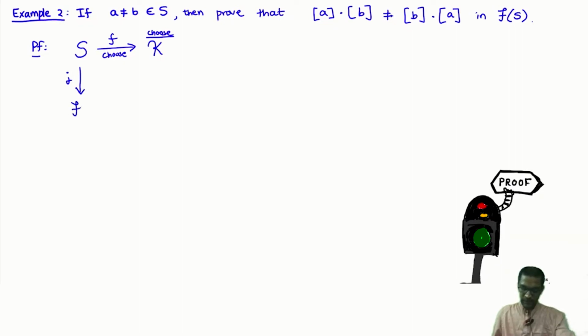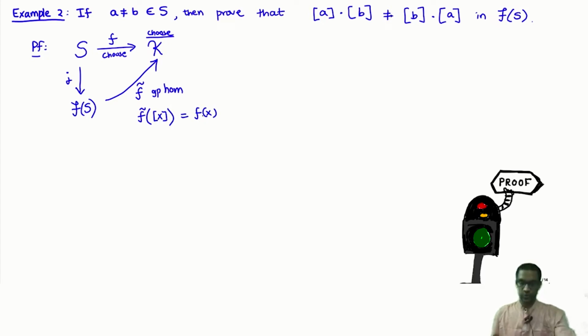Okay, so you choose these two things, K and F, and having done that, what the universal property says is, I have a map from the free group to K. It's a group homomorphism. So main properties, it's a group homomorphism. Okay, and further, F tilde is related to F in the following way: F tilde of J of X is just F of X. In other words, the diagram commutes, right?